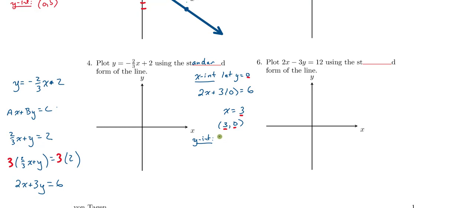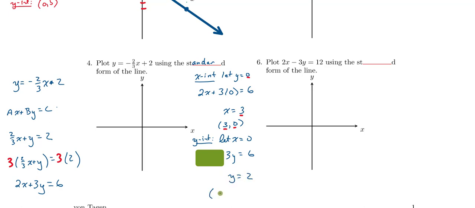And so to find the y-intercept, we're going to let x equal 0 for precisely the reason that we just saw. So then we'd have 2 times 0 plus 3y equals 6. And then in the video I'll put a box around here and cover that up, and then I'll solve that result in my head. Doing so, I get that y is equal to 2.